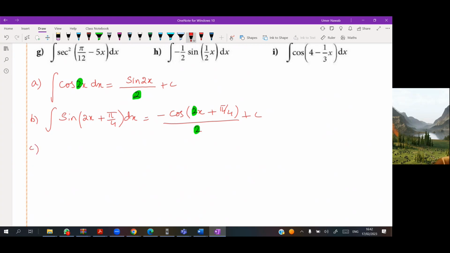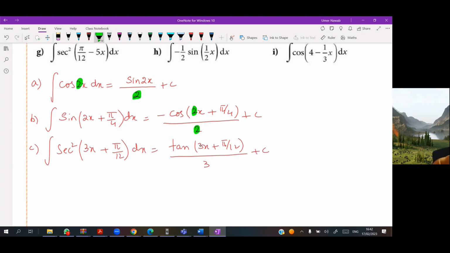C part, secant square of 3x plus pi over 12 dx. The integration of secant square is tan of 3x plus pi over 12 divided by 3. Again, the coefficient of x has to be divided.